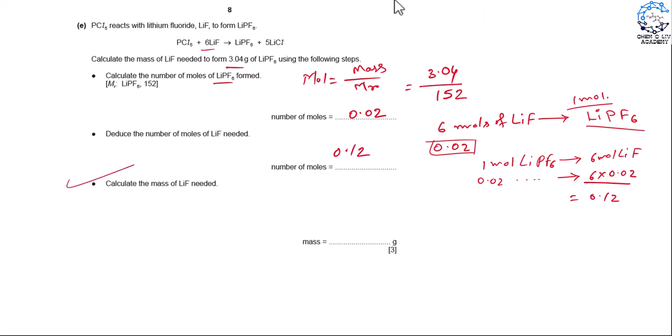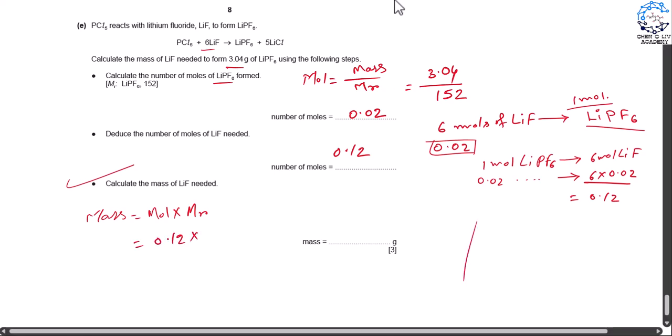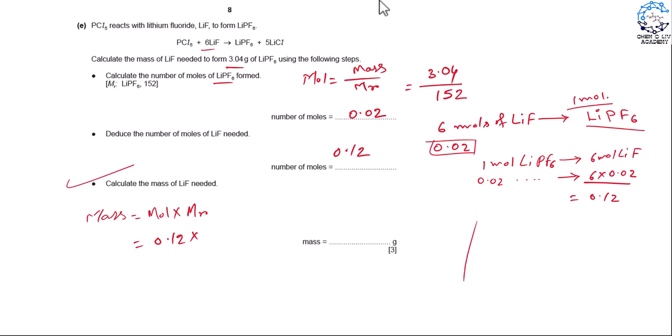Calculate the mass of lithium fluoride needed. So again, mass equals mole times MR. Mole is 0.12. We need to calculate the MR for lithium fluoride. You have to search the periodic table. So mass of lithium is 7 and fluorine is 19.